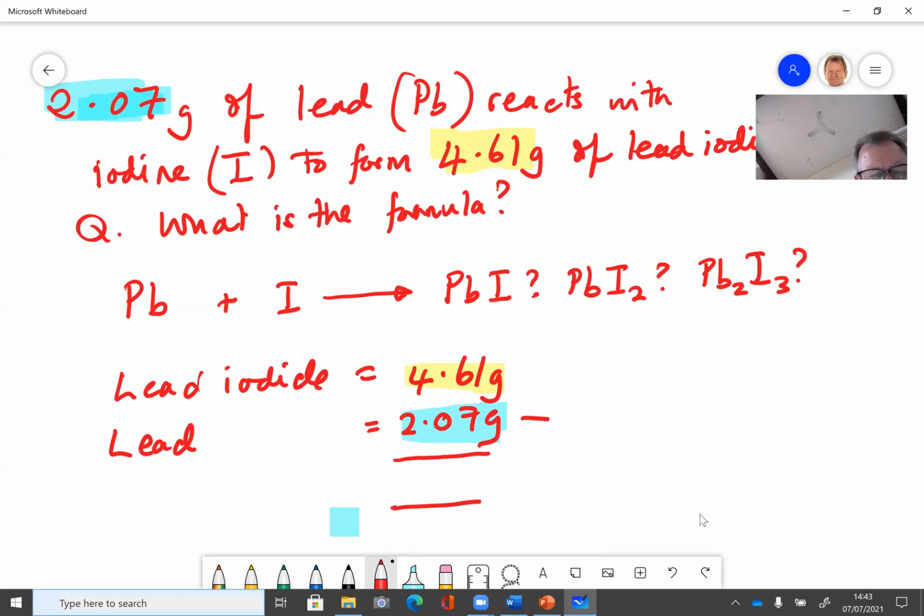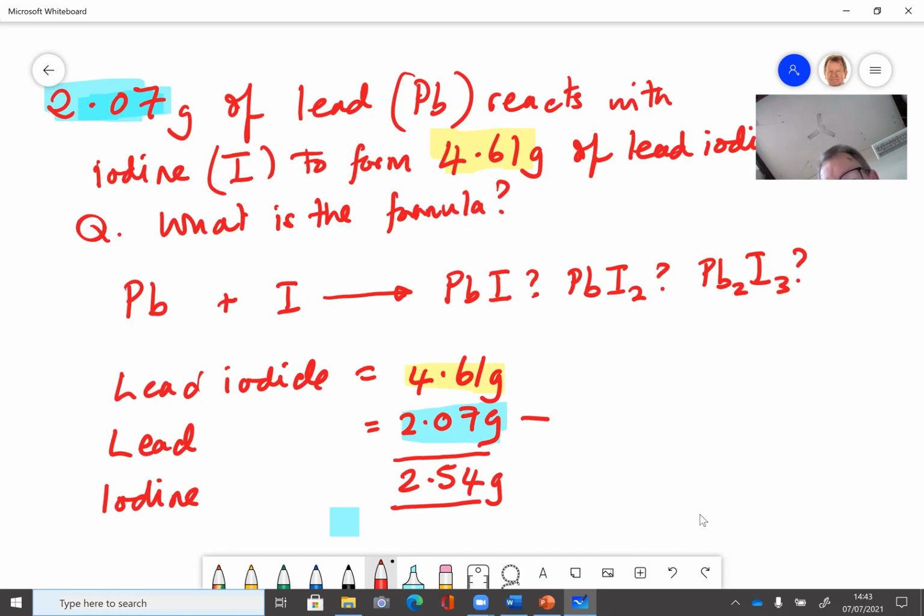So I'm going to take this away. The iodine is 4.61 minus 2.07, which is 2.54, as long as my head is working. Di, you're a mathematician. I have done that in my head, but I think it's right.